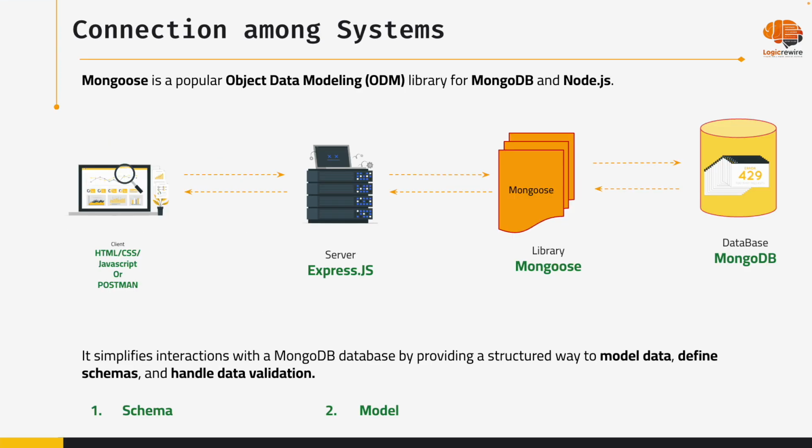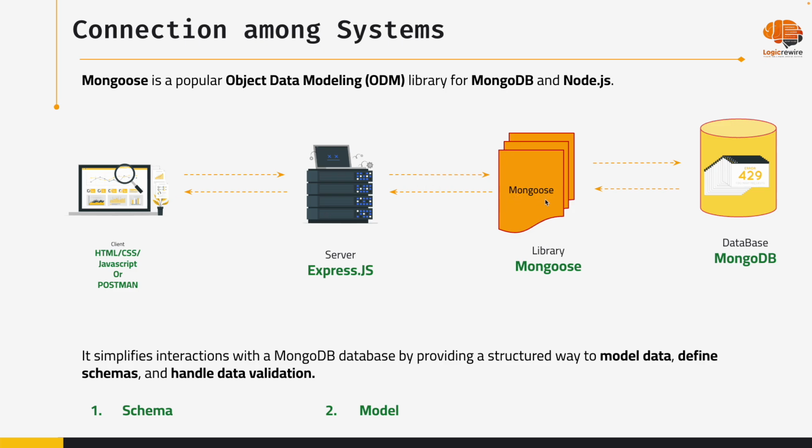Directly from the server we cannot talk to the database. There should be some library so that we can send our query to it. That library will send it to the database, the database will send the response to the library, the library will send it to the server, and the server will send it to the client.